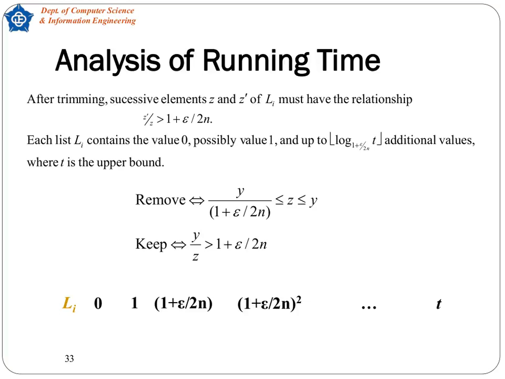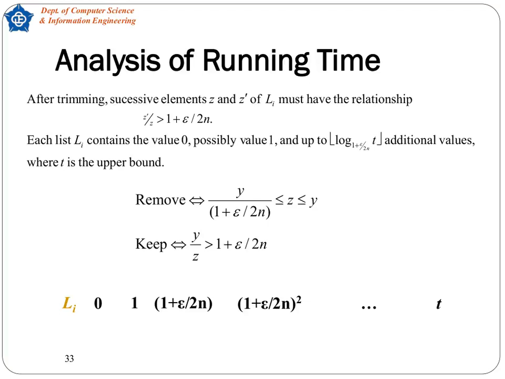In practical terms, whenever a new candidate y arrives, we remove any existing z in the range y/(1 plus epsilon/2n) is less than or equal to z is less than or equal to y, keeping z only if y/z is greater than 1 plus epsilon/2n.